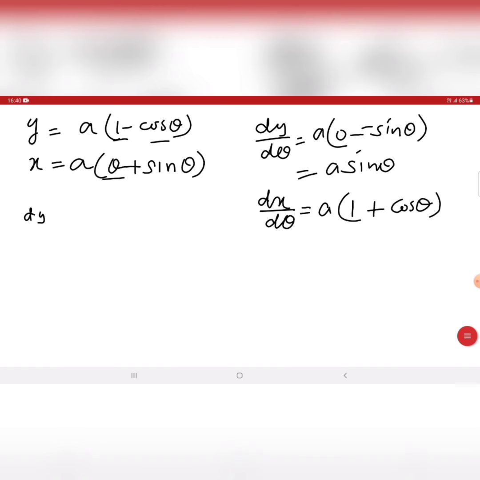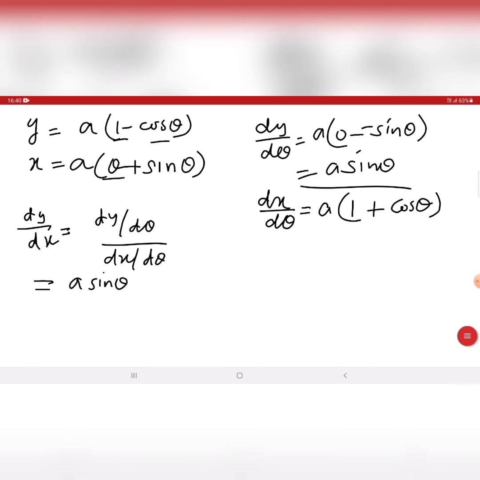Now dy by dx is equal to dy by d theta divided by dx by d theta. That is equal to a sin theta divided by a into 1 plus cos theta.